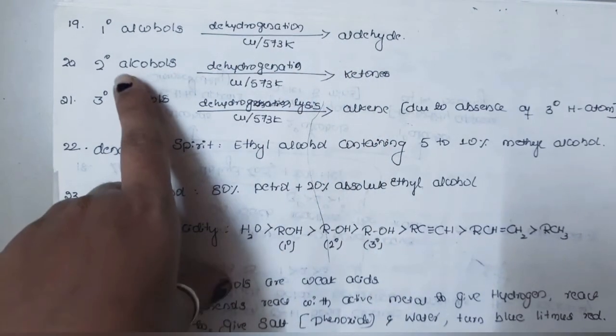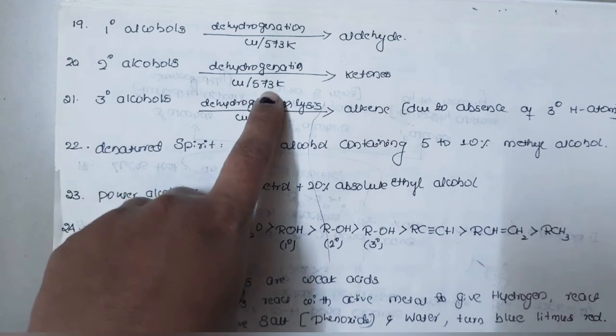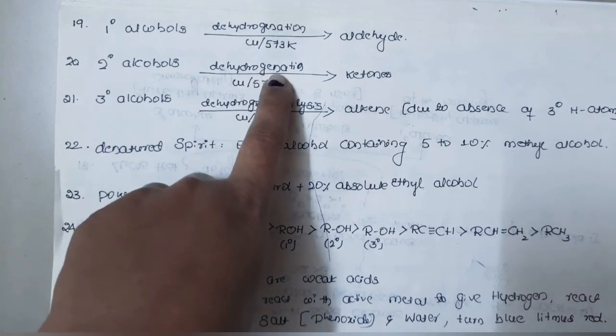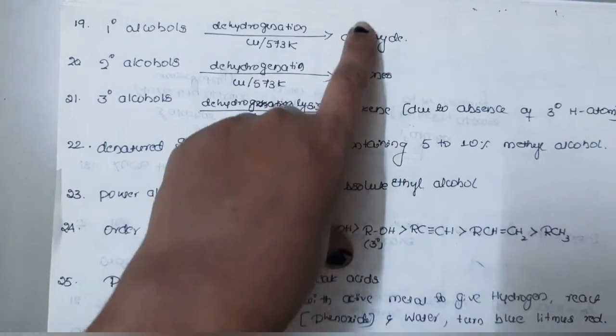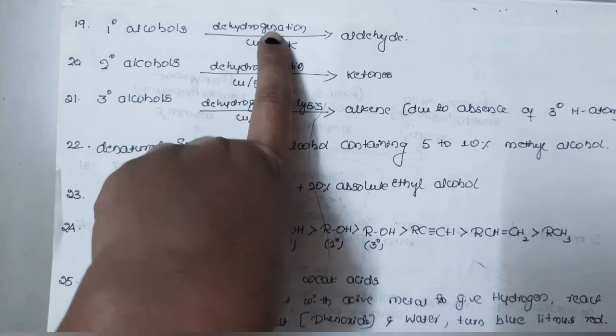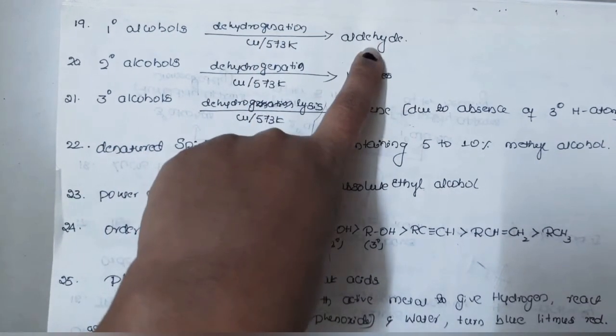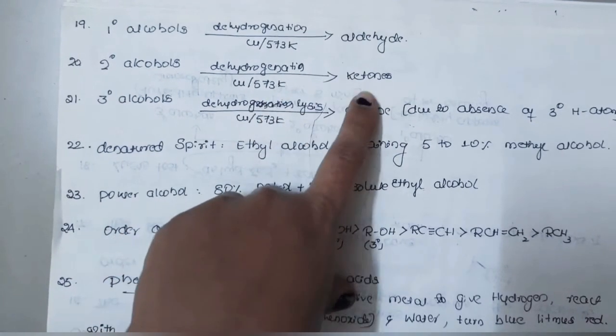Even the secondary alcohols, when treated with copper at 573 Kelvin, undergo dehydrogenation, which results in the formation of a ketone. So the difference you have to see here is that primary alcohol upon dehydrogenation gives aldehyde, and secondary alcohol upon dehydrogenation gives ketone.